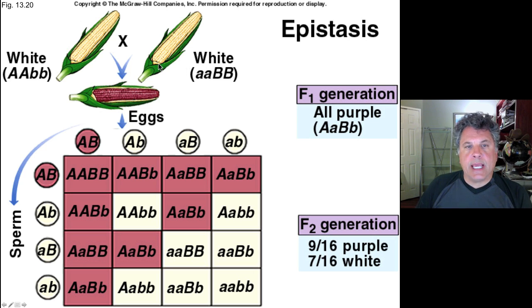But in this case, on the right, this strain is white by virtue of being homozygous for small a alleles at the A gene. It is homozygous dominant, big B, at the B gene. Whereas this strain has a different genotype. It is homozygous big A at the A gene, and has white kernels due to being homozygous recessive at the B gene.